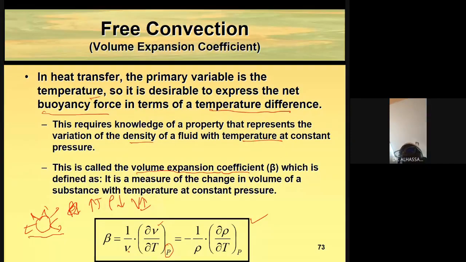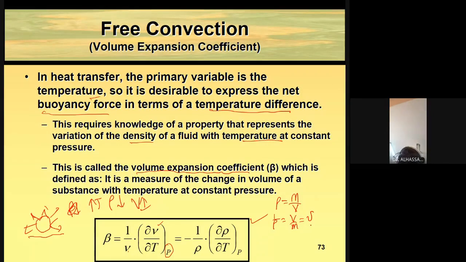This again can be represented in terms of density, because what is the definition of density? It is mass over volume. So 1 over density is the same as volume divided by mass, and volume divided by mass is what we call specific volume. You have done this in thermodynamics.